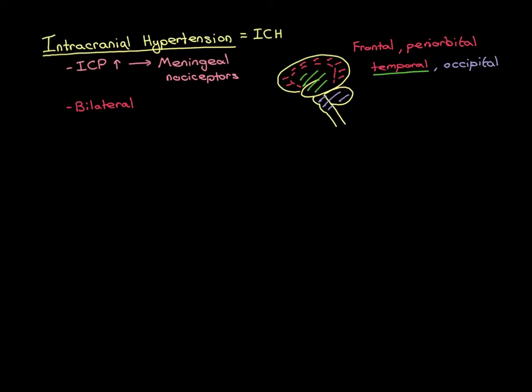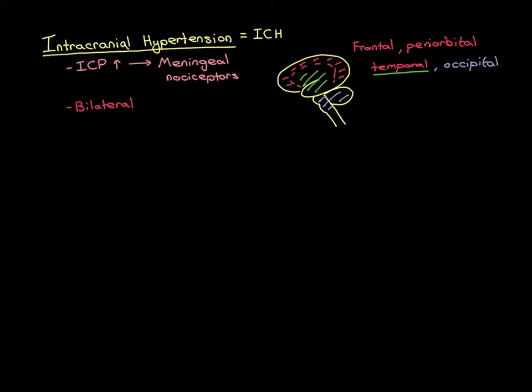So if you have a massive intracranial hypertension, that will cause a bigger, worse, more severe headache all over than if it's only just raised. So the more raised the intracranial pressure is, the worse the severity. So severity can vary depending on how big the rise in intracranial pressure is.